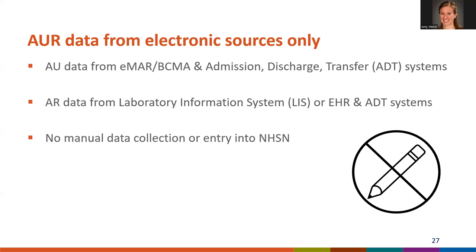The AR data are going to come from the LIS or maybe the EHR system. And the denominator data, again, you're going to use the ADT data. The most important thing to remember here is that no manual data collection or data entry is allowed for this type of reporting within NHSN.